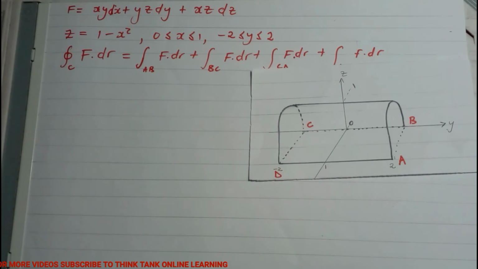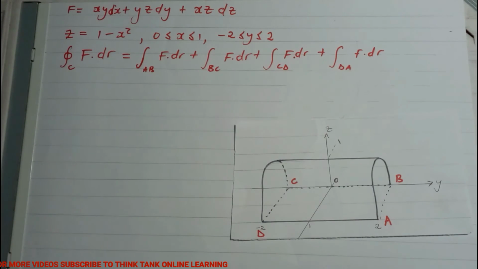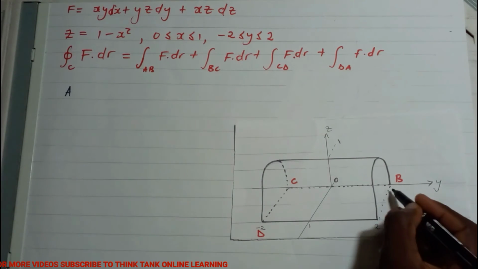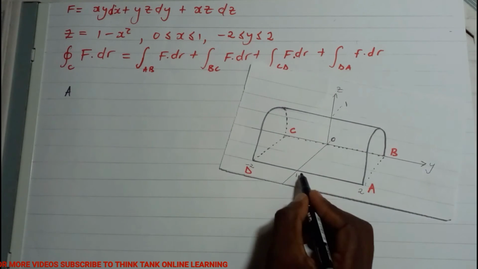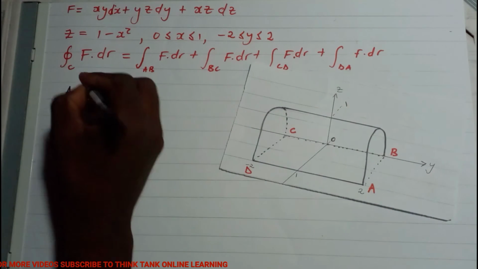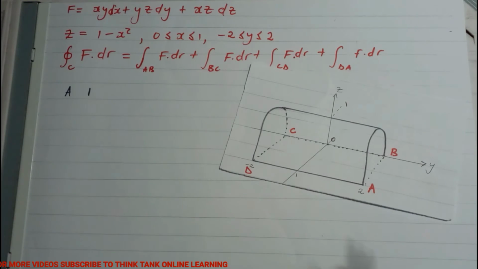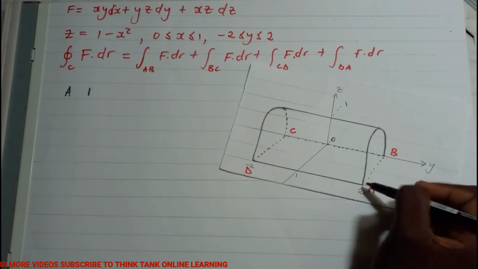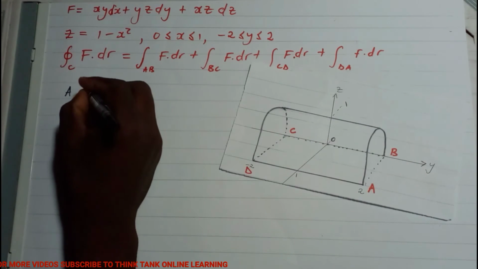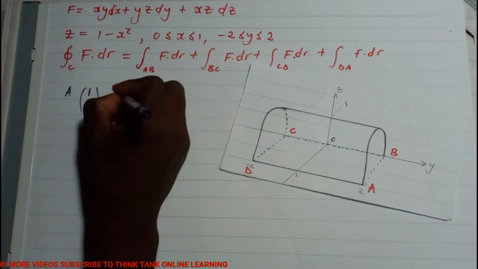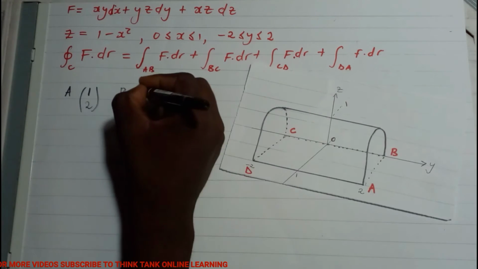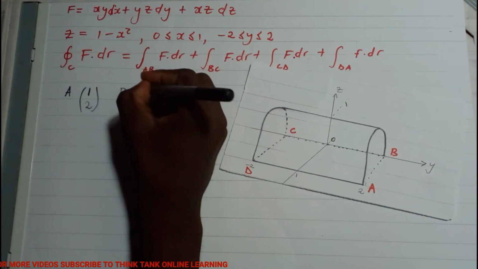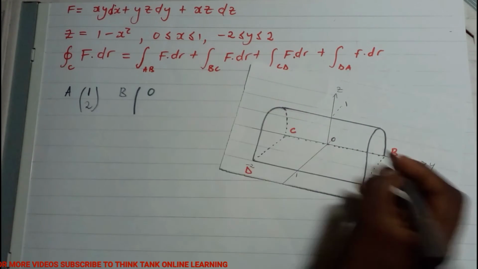I think it's wise if I list the coordinates here. For A, this is on the y-axis, so x equals 1, and y is 2. For B, x is 0, then y is 2.